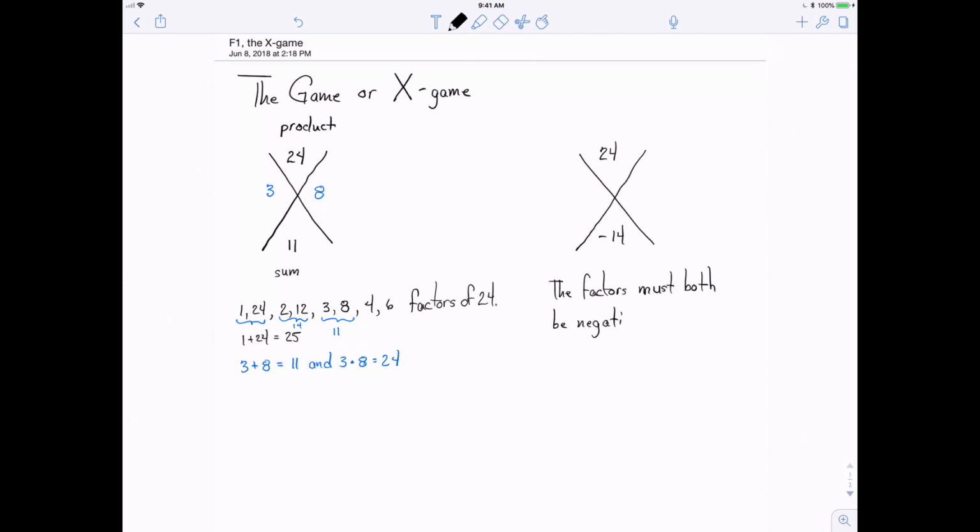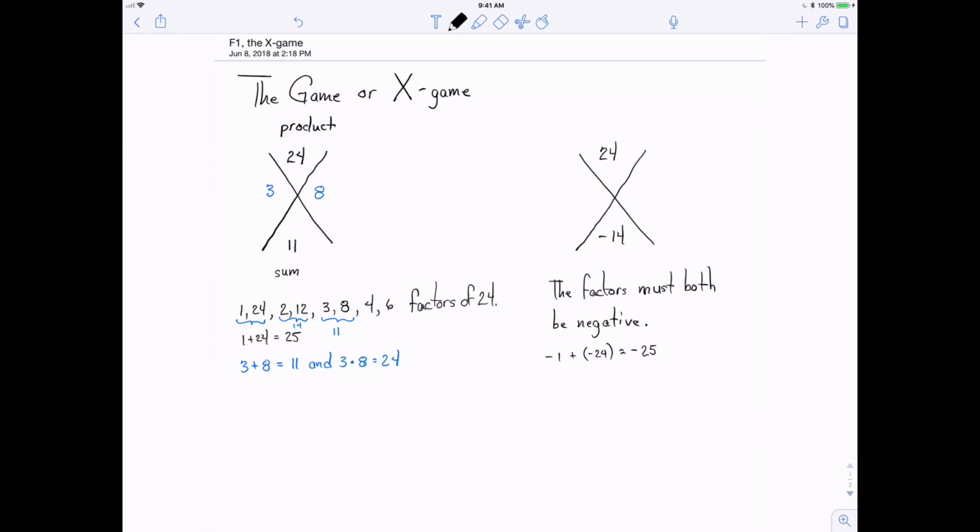And you'll find you get more comfortable with this as you try a few examples. So let's take a look. For example, if I have a negative 1 and I add that to a negative 24, my result is negative 25. But I need to get to negative 14.